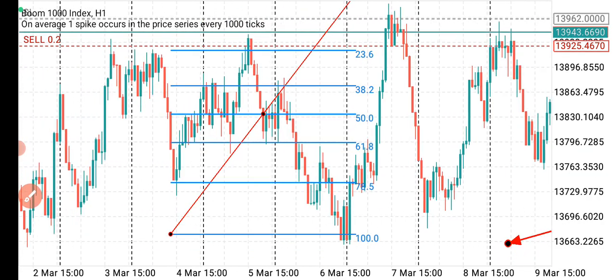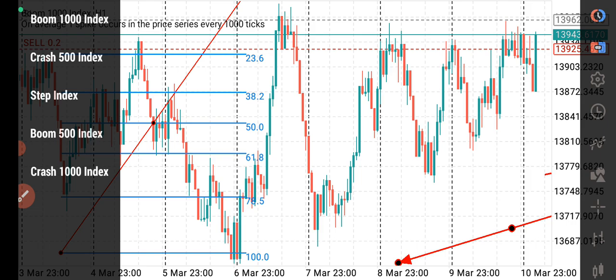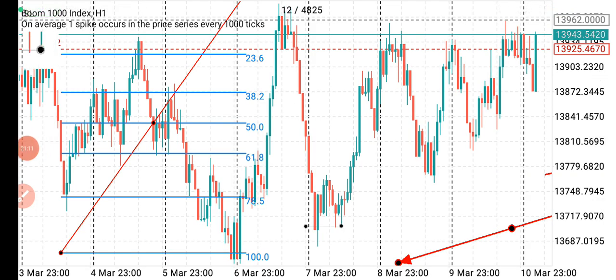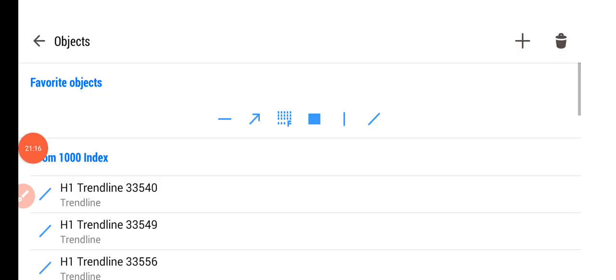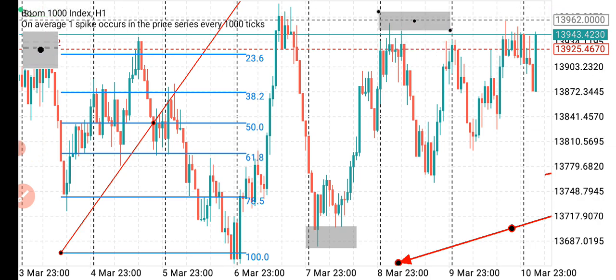So what we do is, we know that now here is our new move from that zone to this zone.